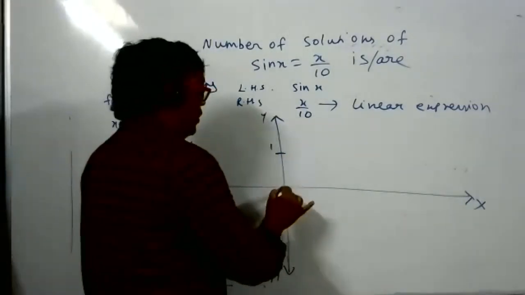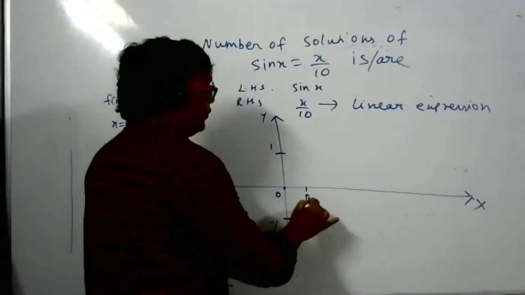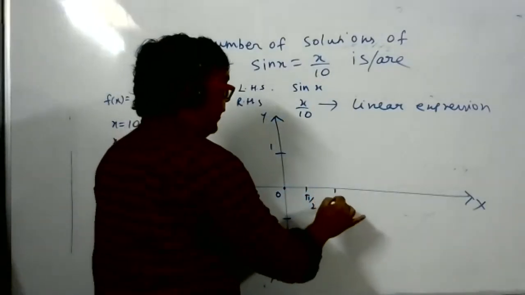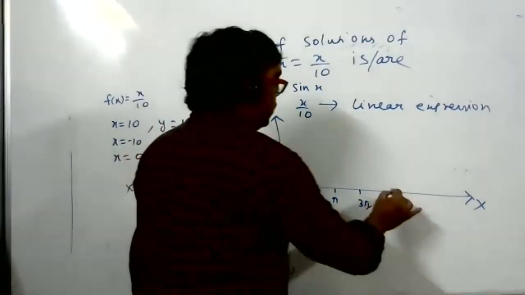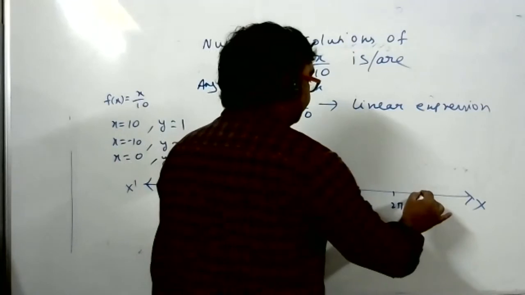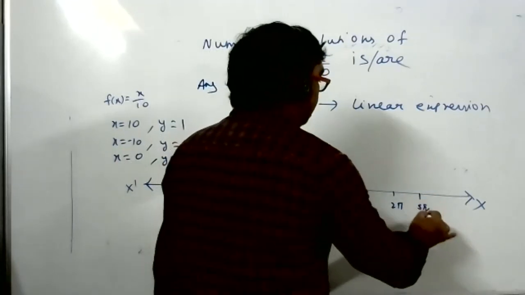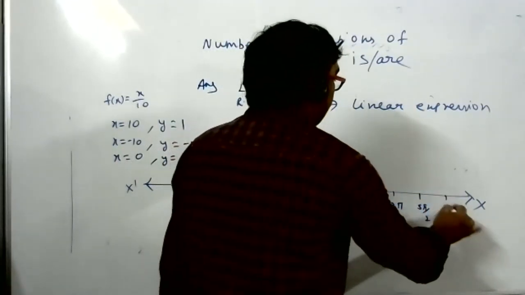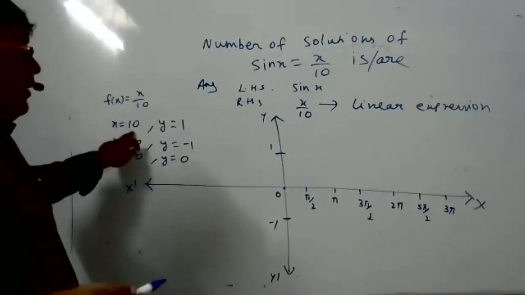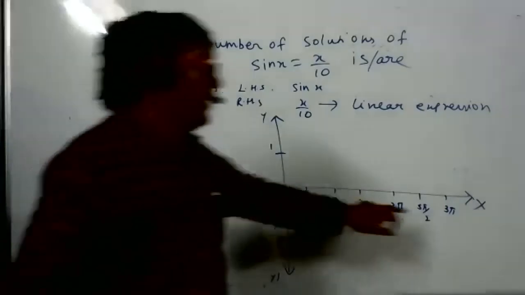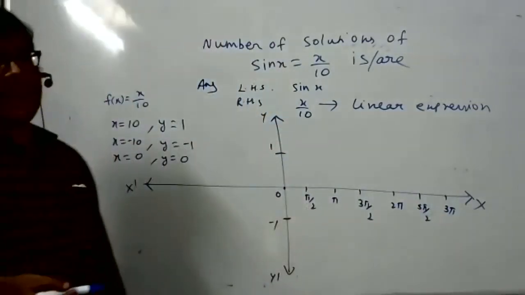This is 0, pi by 2, pi, 3 pi by 2, 2 pi, 5 pi by 2, 3 pi. Student, do you think the number 10 value is more than 3 pi or 3 pi is more than 10?